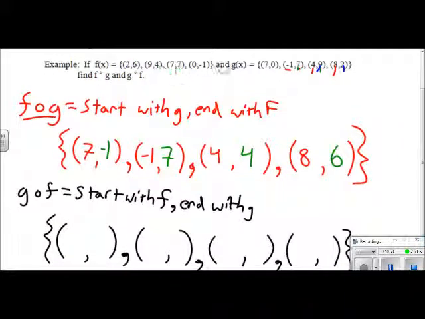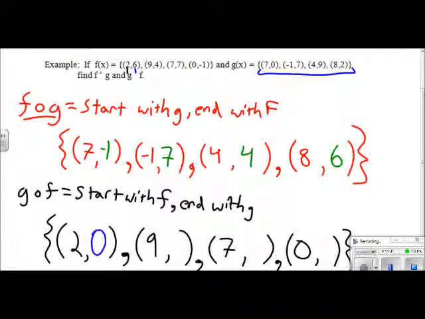I'm going to get rid of these actually. So our inputs from f are 2, 9, 7, and 0. Now, if we go to our input of 2, that outputs a 6. Now we go to g, and notice that there are no 6s. So we would say that it is actually empty. There is nothing in this case.